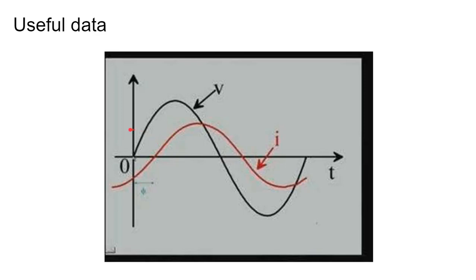If the current phasor is coming before the voltage phasor, the load is leading. If the current phasor is in phase with the voltage, the load is in phase. With the help of this information, we will try to solve the problem.